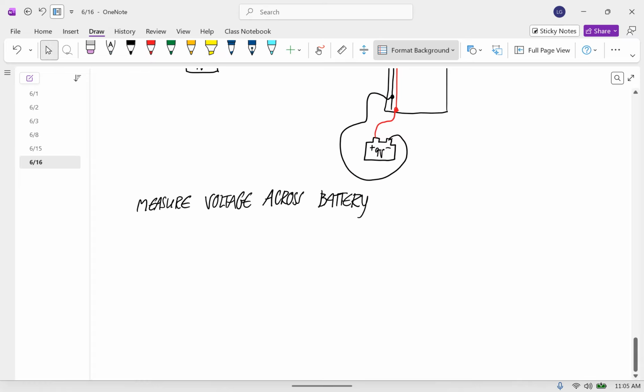With this circuit intact, so with the circuit closed, so electricity can flow.